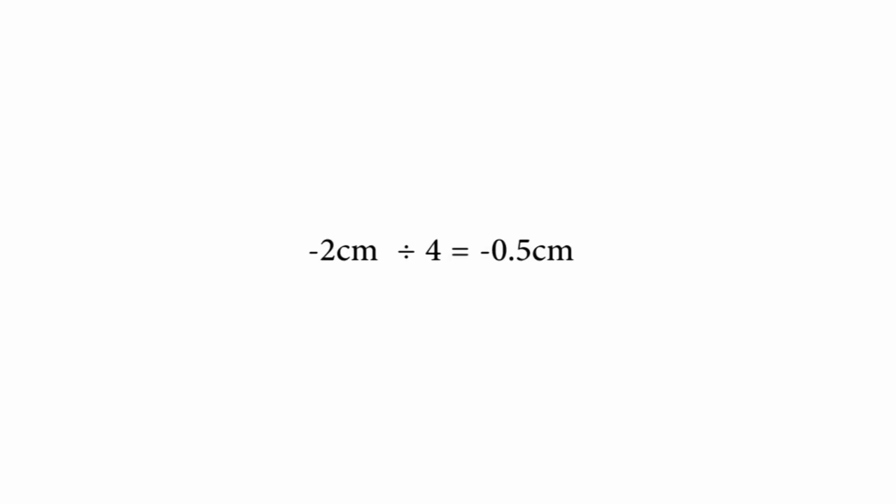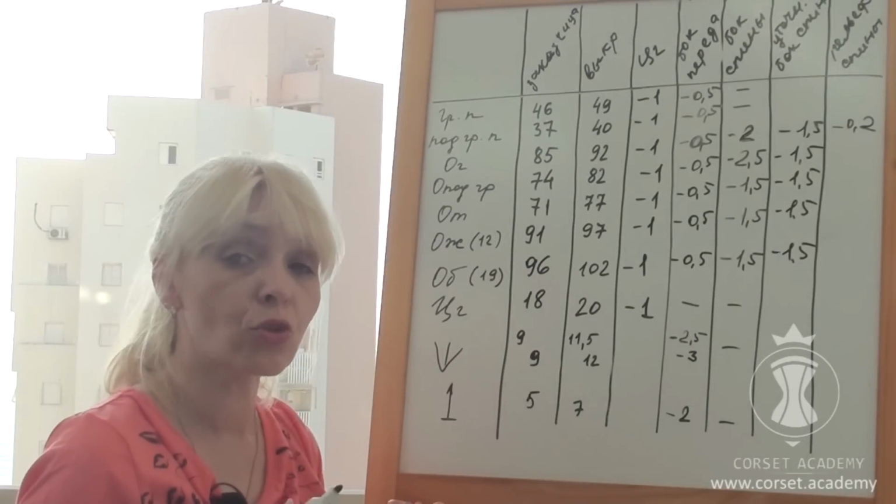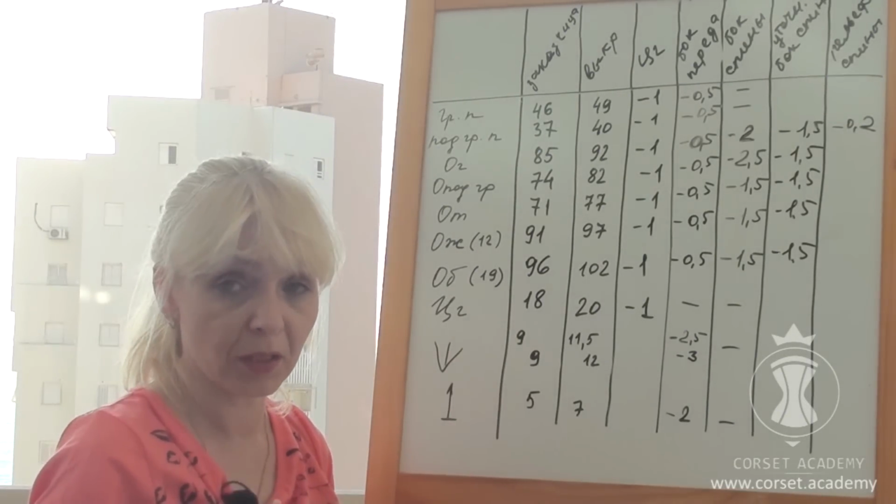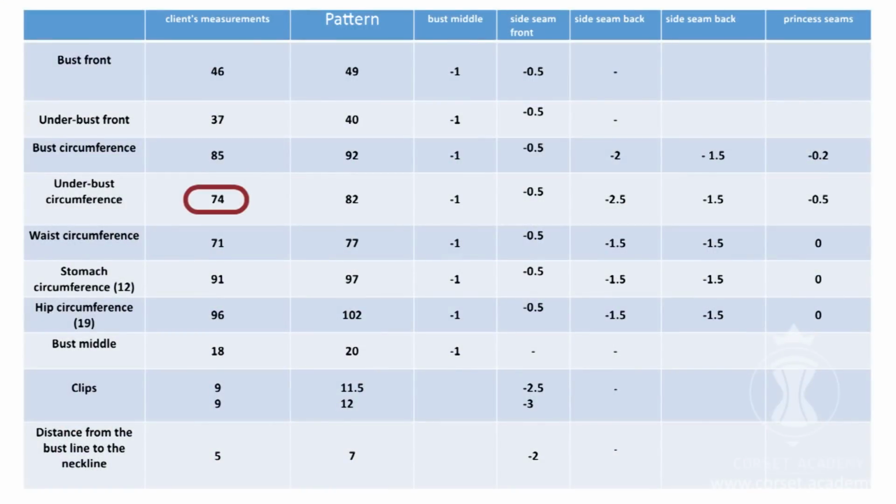Negative 2 centimeters divided by 4 equals negative 0.5 centimeters. Therefore, I need to shift each edge of each princess seam 0.5 centimeters inwards at the under bust level. The total circumference of the pattern will be 74 centimeters, which fully complies with the client's measurement.